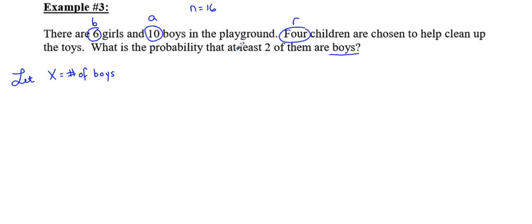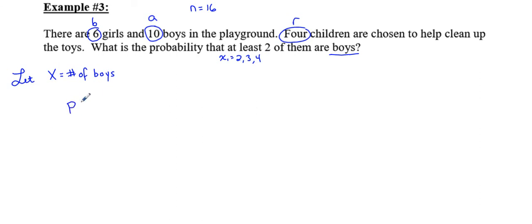Now we want to know the probability that at least 2 of them are boys. So at least 2 means that your X1 could be 2, but it's at least 2. So it could also be 3, and it could also be 4. So we've got 3 possibilities.